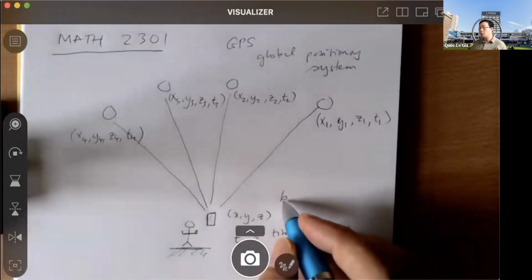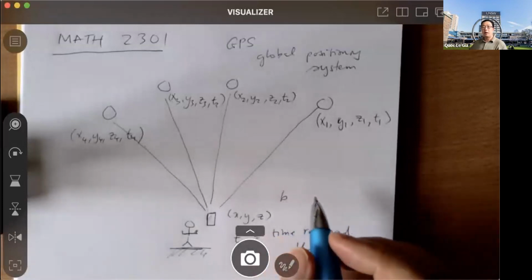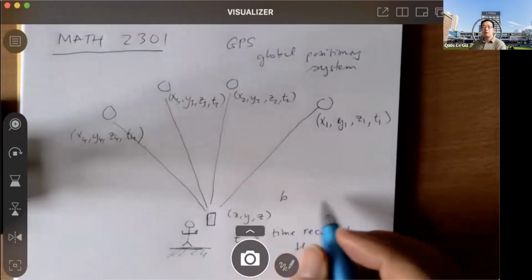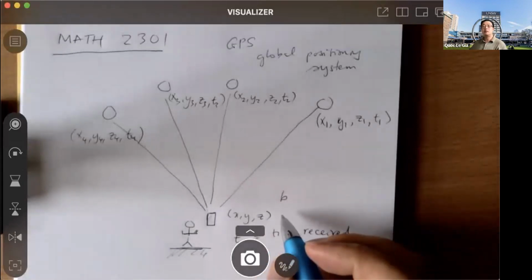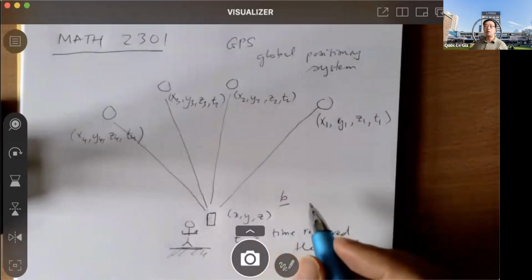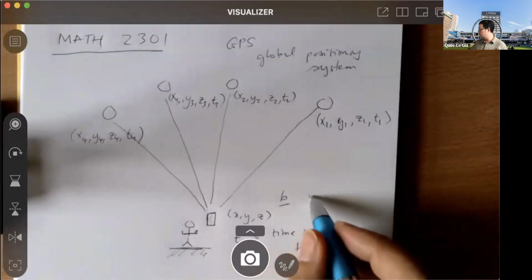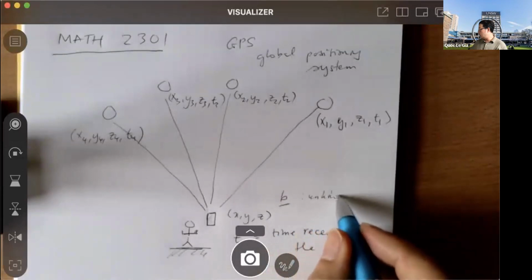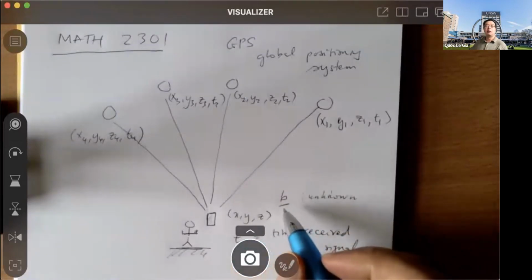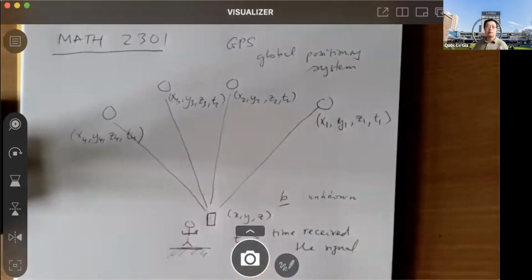Maybe the true clock, the atomic clock, says that now it's 0 hours, 0 seconds, but in your device, let's say it's 0 hours, 15 seconds, something like that. This is unknown as well. So you see, now you have 4 unknowns: X, Y, Z, and B, right? And now how do we set up the equations?